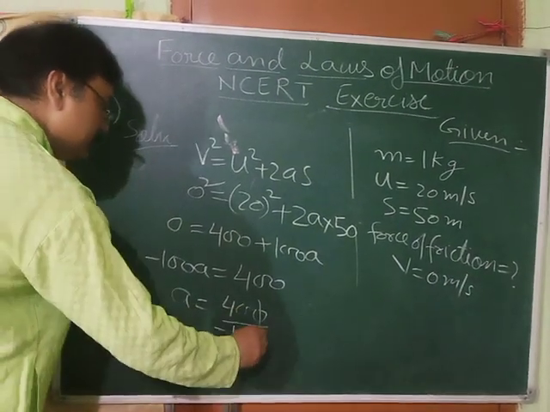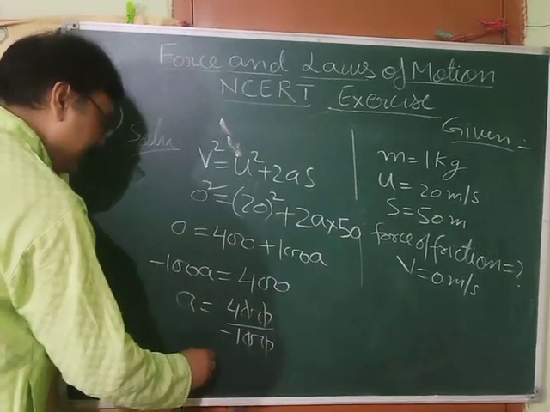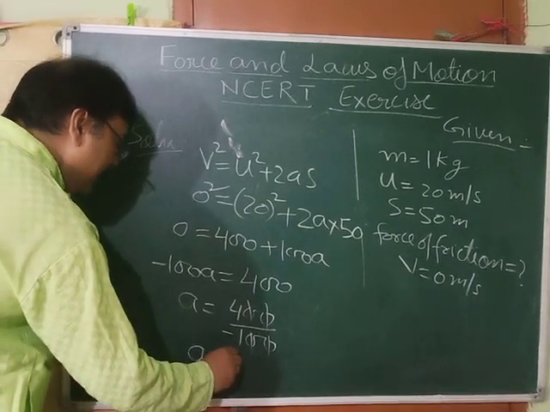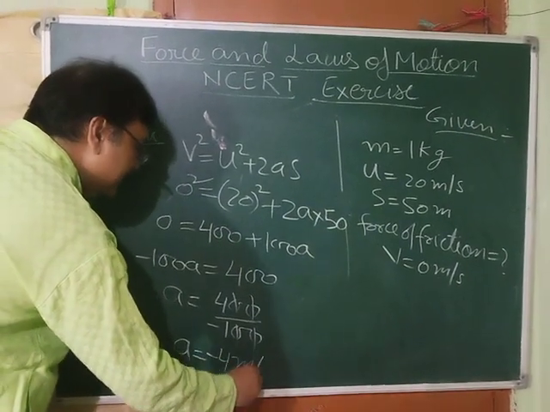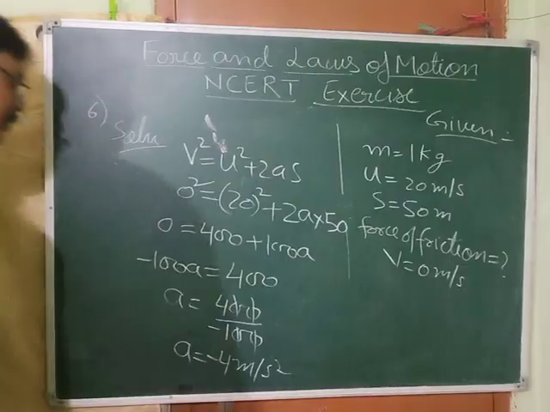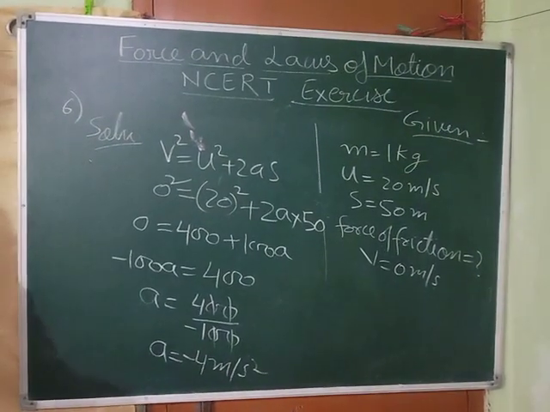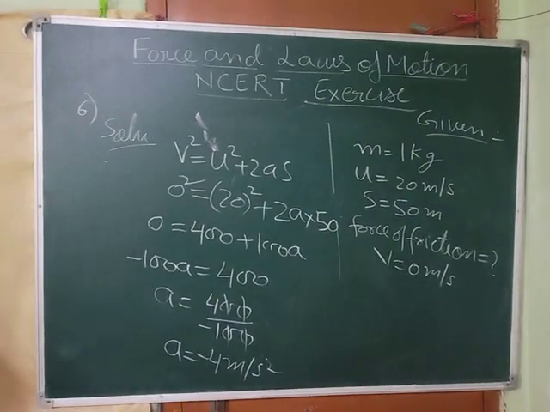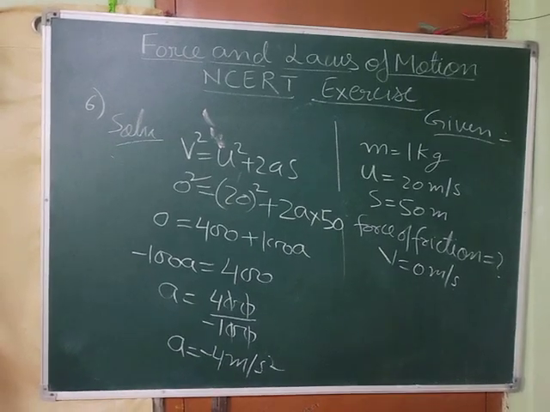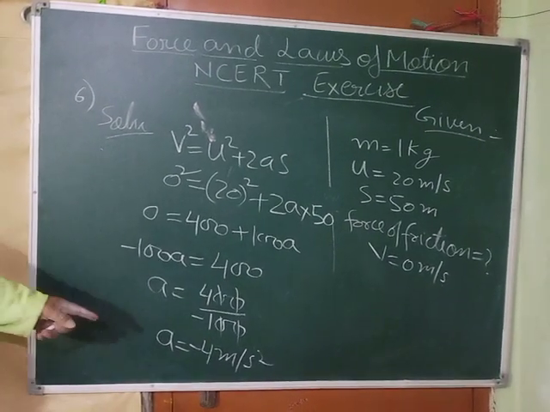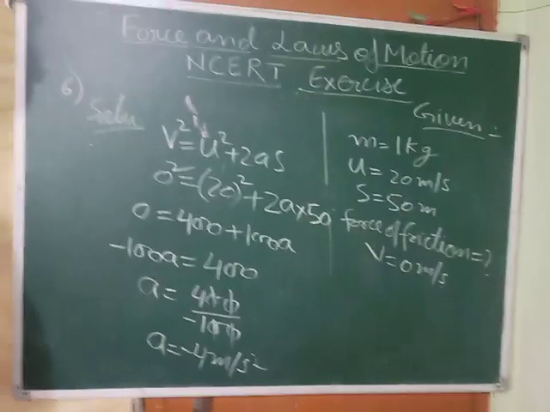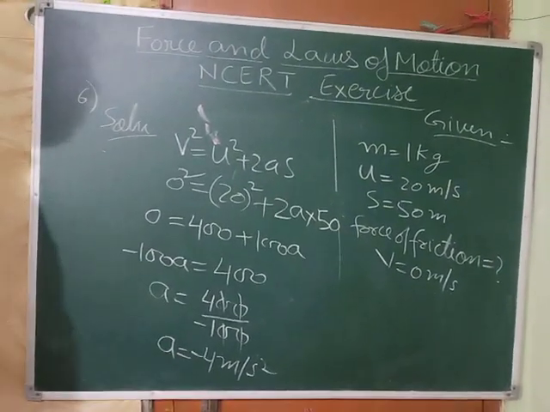The zeros can cancel out. What will we get? a is equal to minus 4 meter per second square. Why is it coming negative? Because it is a retarding force, and this acceleration is retardation, and we know that retardation comes in the form of negative.